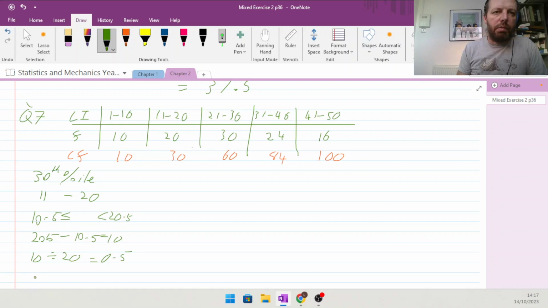Ultimately we're going to want all of the values in there, so we will be doing the 0.5 times the 20, because that's where the 30th will be.